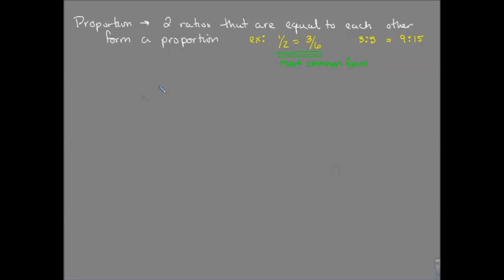When you have a proportion, either way you've got it written, the outside numbers are called the extremes.